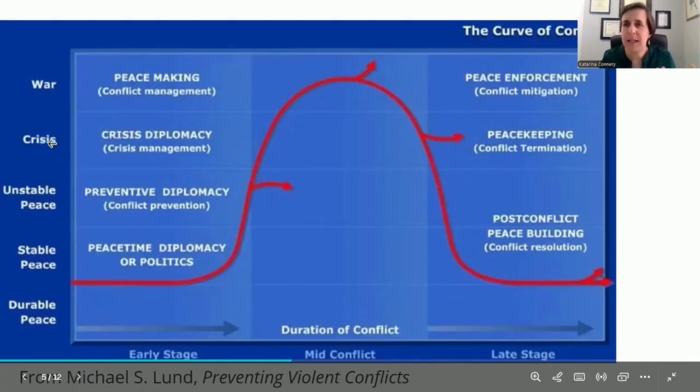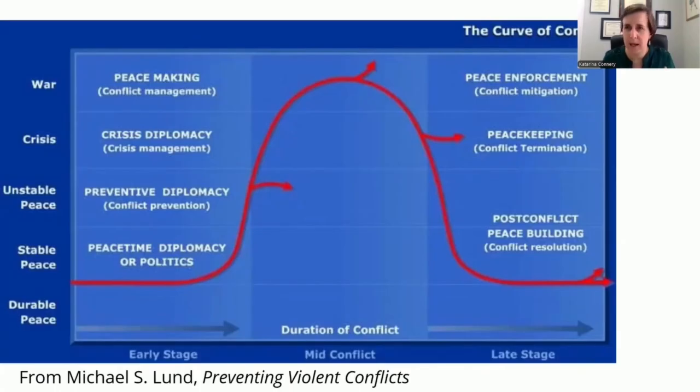Not everything can be neatly placed in any one category, and sometimes a conflict can move very quickly between different stages, but it's just a very helpful tool to start to understand a particular conflict and put it into context. So let's look at each one of these categories.